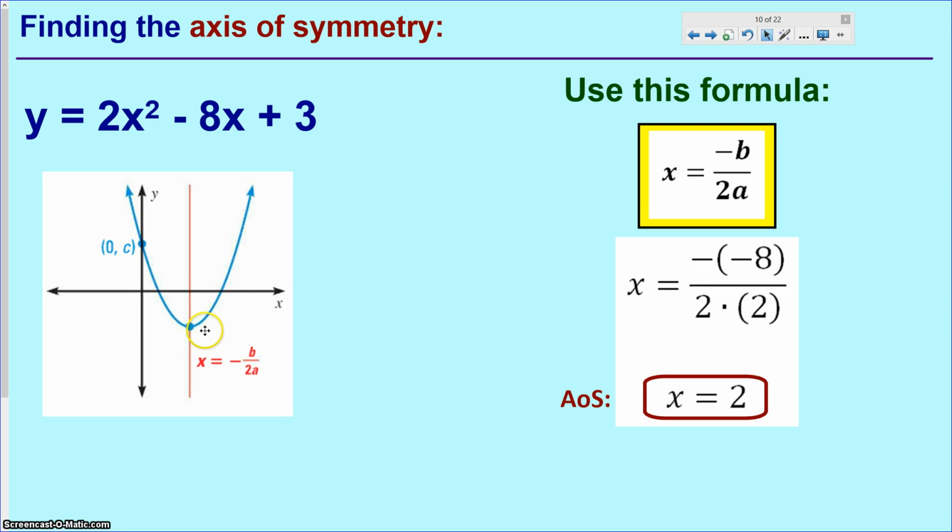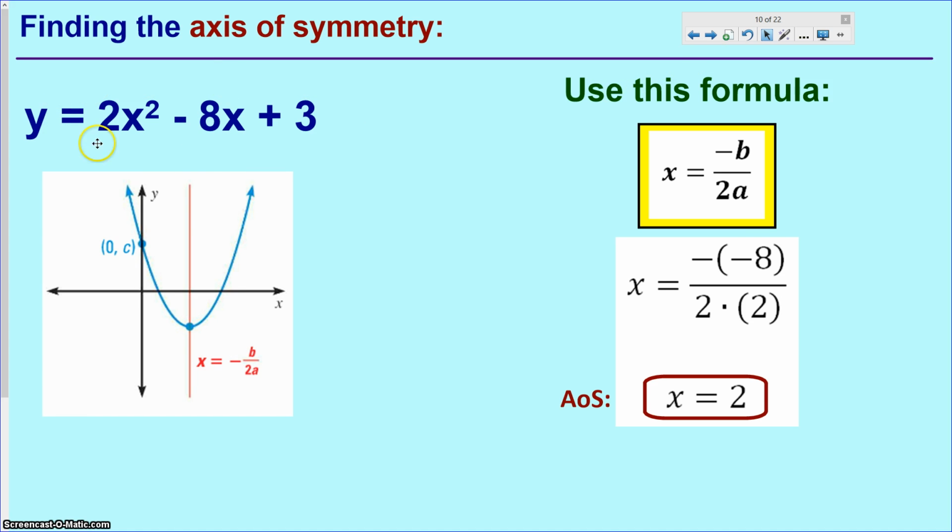So the next point is to use this axis of symmetry that we have for our vertex. The good news is our axis of symmetry in this case is x equals 2. So that means we know the x coordinate where our vertex lies. So we know without a shadow of a doubt that our vertex is on the line x equals 2, which means that we know the x coordinate for it.